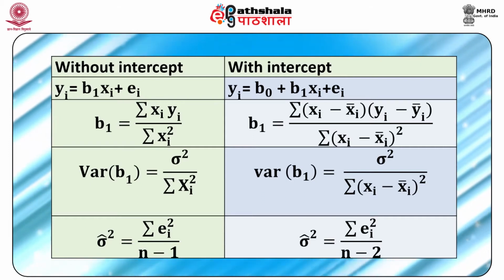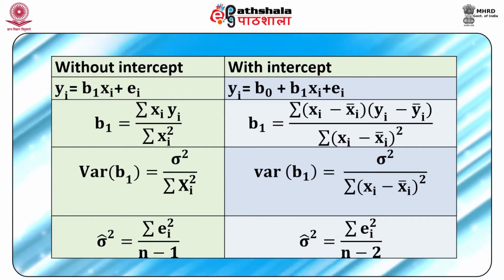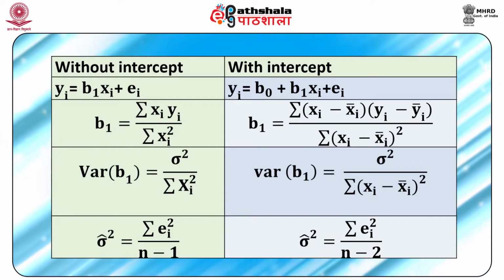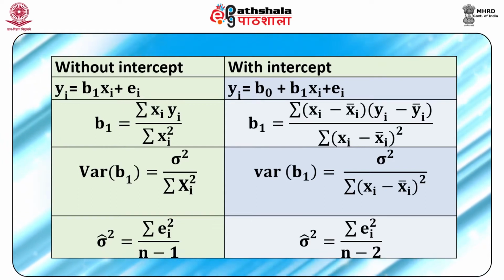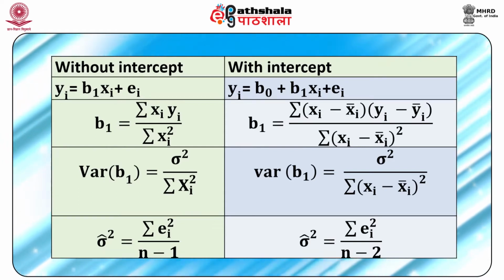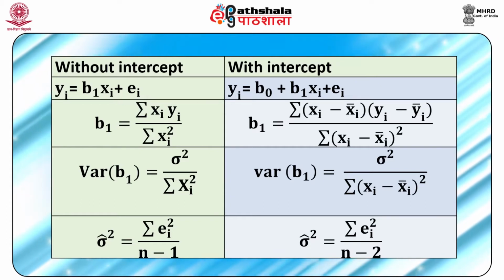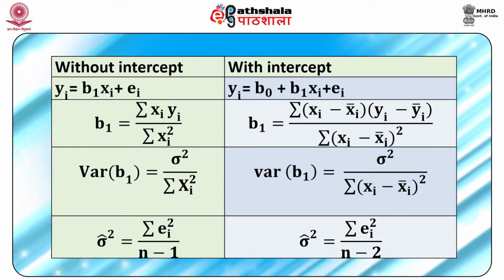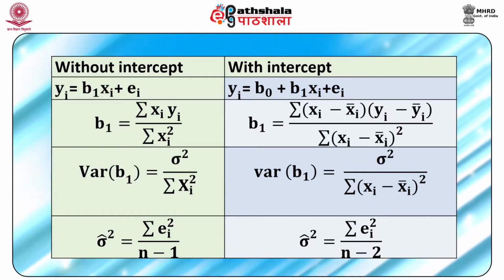These Xi, Yi and Xi squares are raw values, capital Xi, Yi, whereas in the with intercept model b1 comes out to be equal to sigma (Xi minus X bar) into (Yi minus Y bar) upon sigma (Xi minus X bar) square, which has also been written as sigma xi yi upon sigma xi square, where in this case xi and yi are deviations from their arithmetic mean.